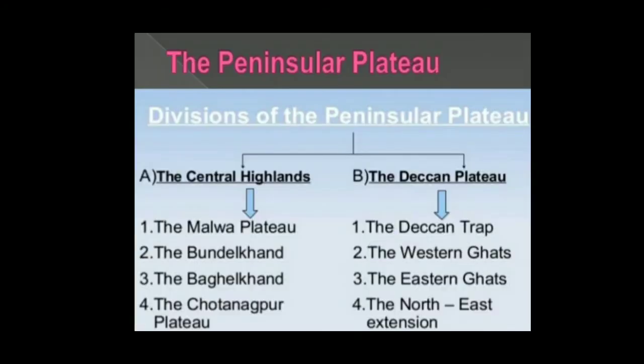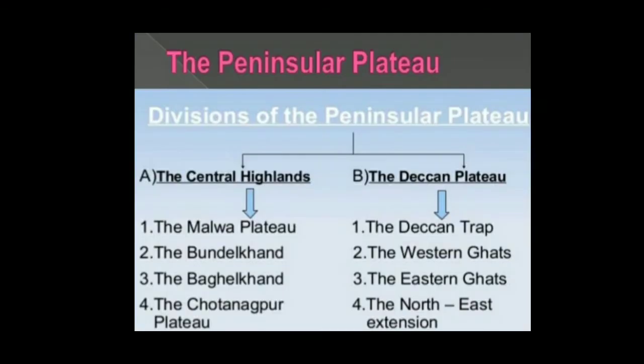The Central Highlands comprise the Malwa Plateau, the Bundelkhand, the Baghelkhand, the Chota Nagpur Plateau, whereas the Deccan Plateau consists of the Deccan Trap, the Western Ghats, the Eastern Ghats, and the Northeast extension. Now we are going to see the features of these divisions.